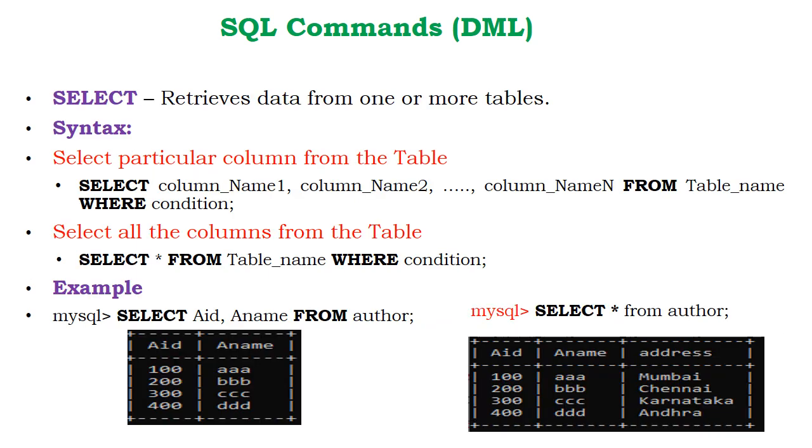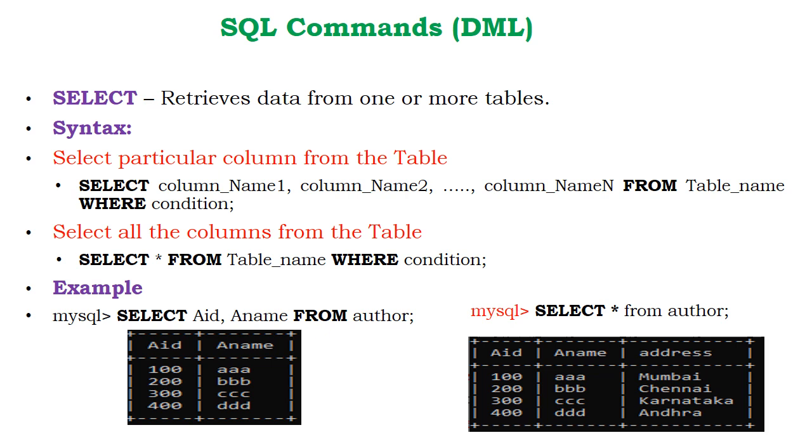And the next statement, SELECT. It will retrieve data from one or more tables. For example, if you want to select particular columns, we will mention SELECT column names, for example column 1, column 2, up to column n, FROM table name WHERE condition. Suppose you want to display all the columns from the table, we will mention star, that is asterisk.